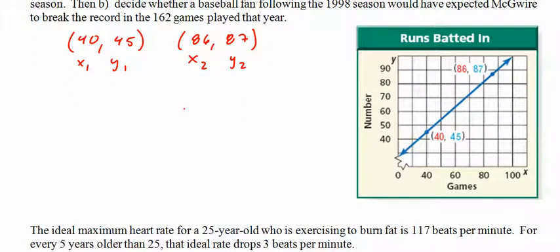So, slope. Something wrong there, that's for sure. 42 over 46.